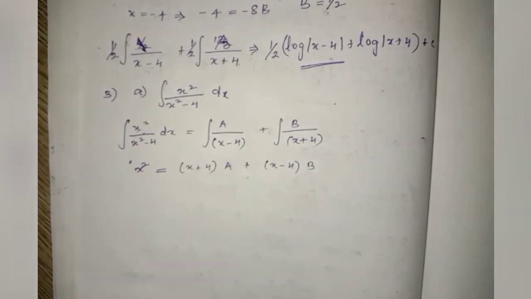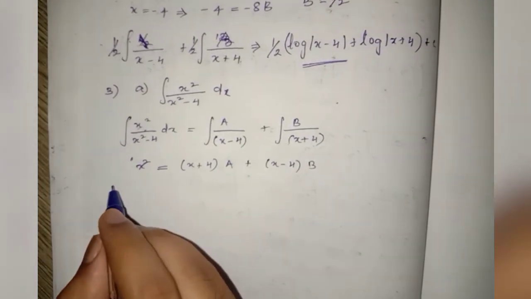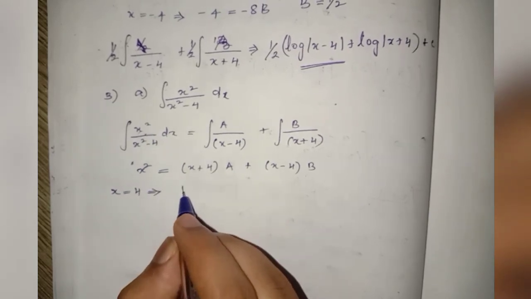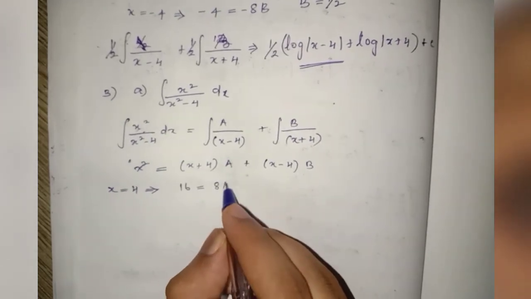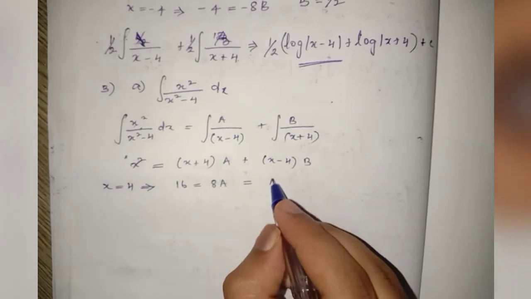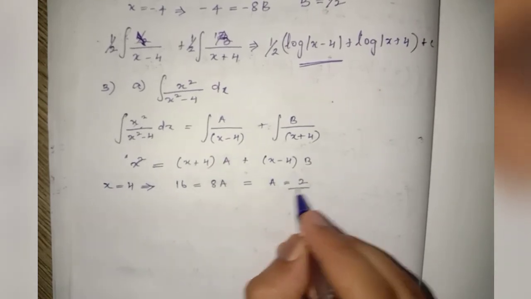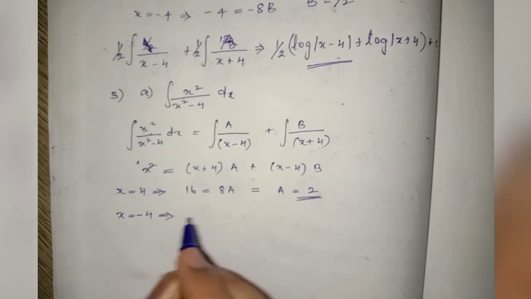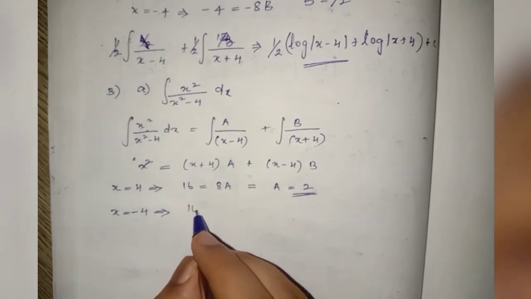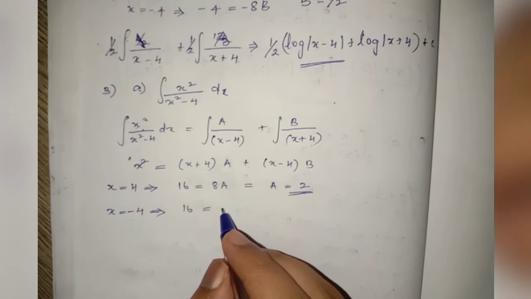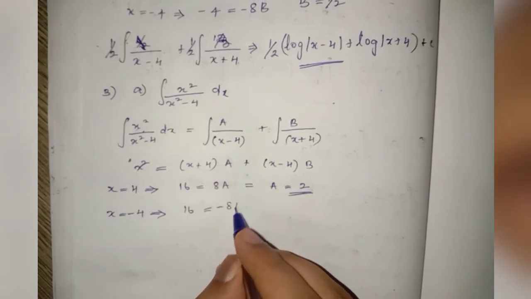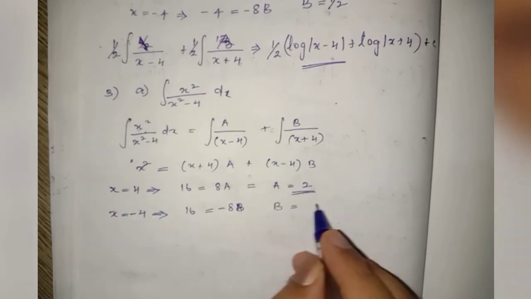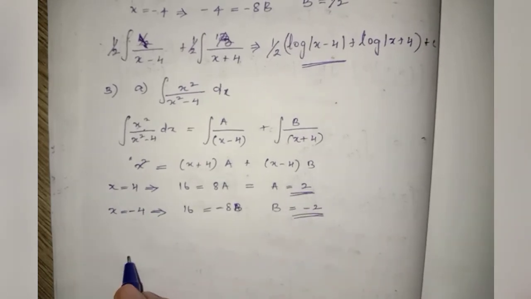Now if you put x is equal to 4, we get 16 is equal to 8a, which means a is equal to 2, and x is equal to minus 4, we get 16 is equal to minus 8b, which means b is equal to minus 2. So we have got two values.